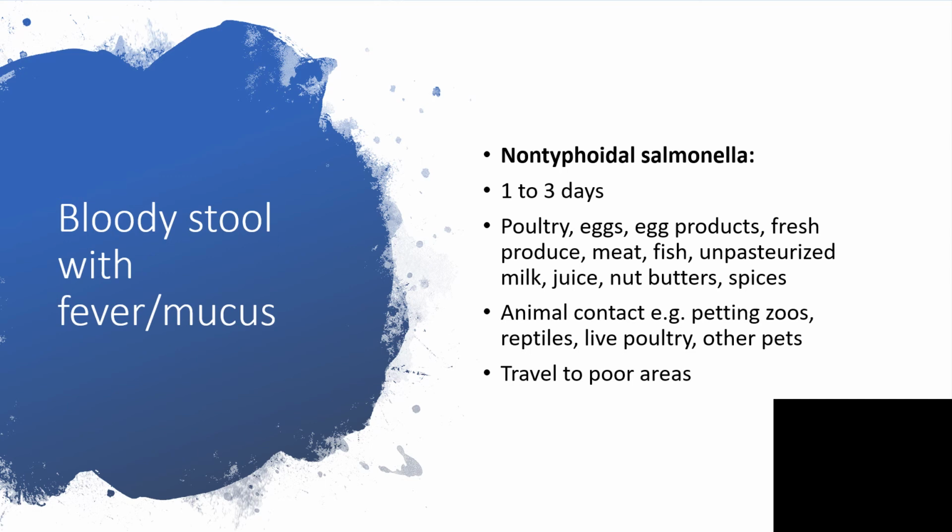Incubation period 1 to 3 days, could be found in poultry, eggs, egg products, fresh produce, meat, fish, unpasteurized milk, juice, butters, spices, animal contact, for example petting zoos, reptiles, live poultry, and other pets. Also, travel to poor areas could be the main route of contact. That is non-typhoidal Salmonella.